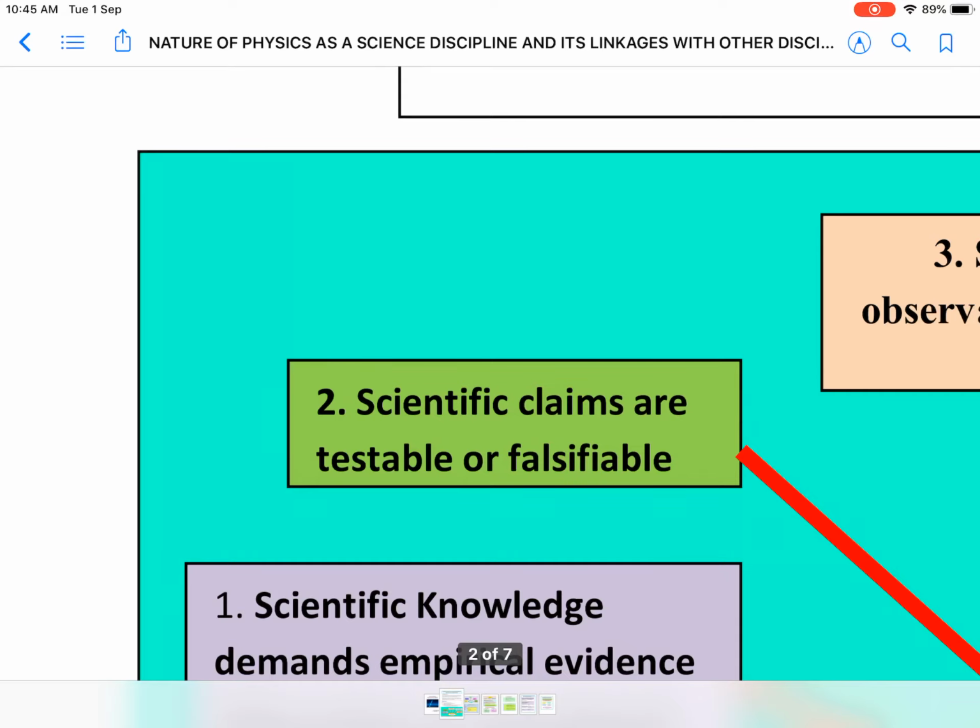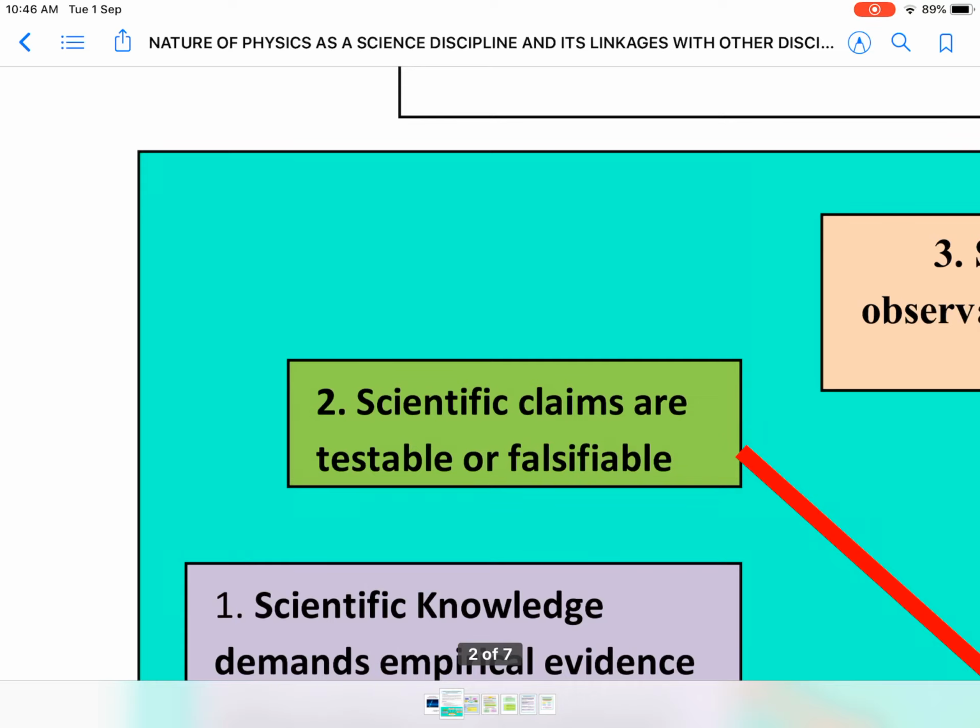Like scientific events, scientific phenomena, it has to be tested, as the number one feature talks about. And as a scientific attitude, all claims are to be verified, and all the claims may not come out true. That claim may be a hypothesis, and this hypothesis is to be testable.